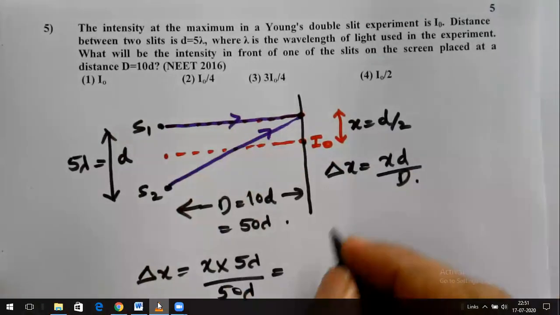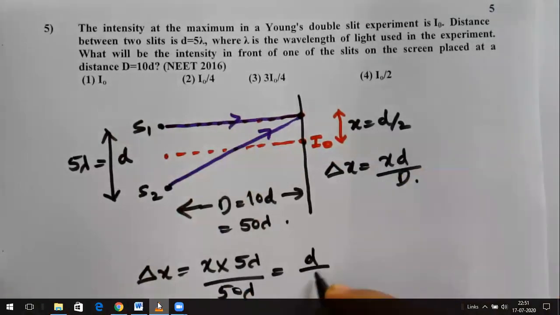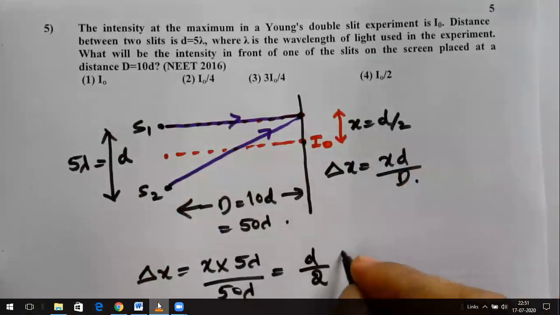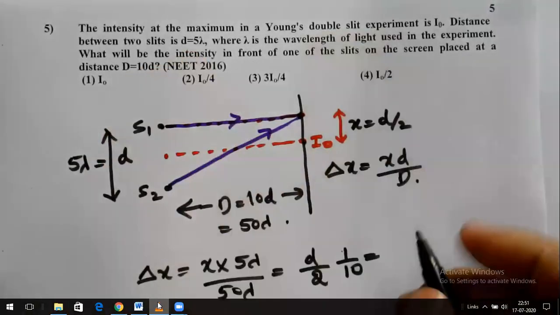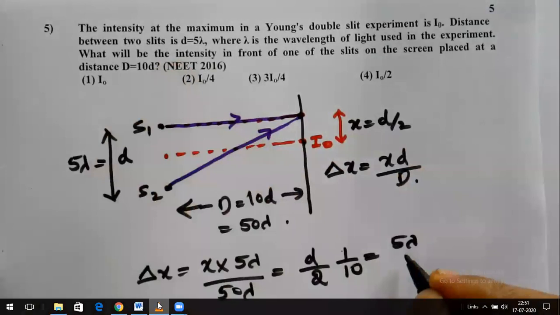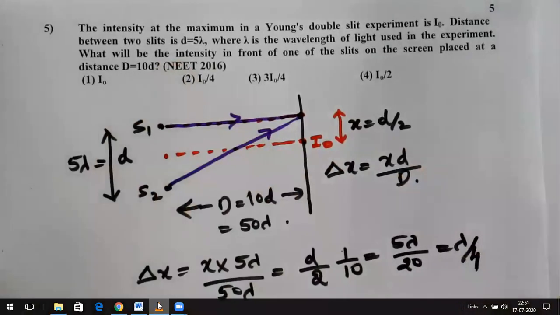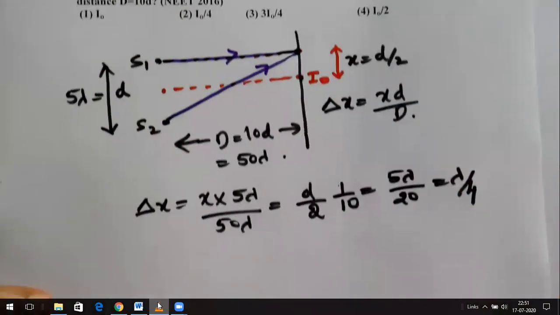So I substitute d by 2, and lambda gets cancelled, then it is 1 by 10, times d, which is 5 lambda, divided by 20. So this is lambda by 4. Now you have got the path difference.